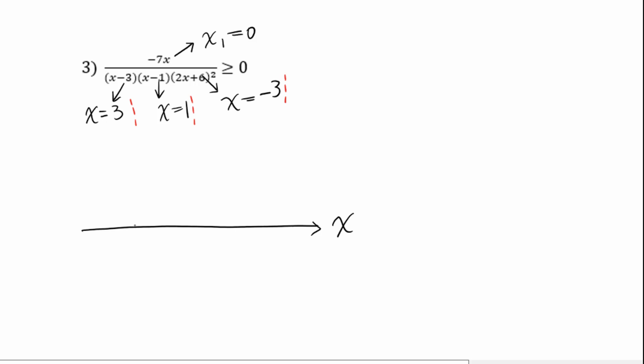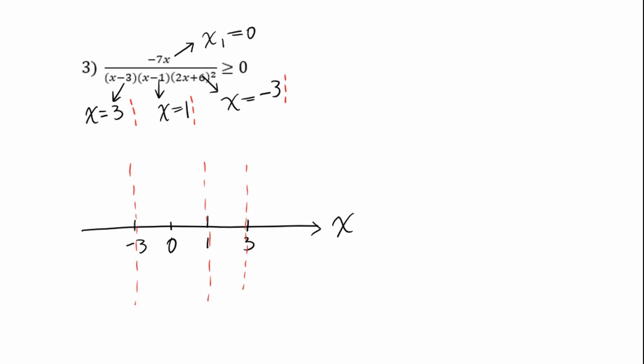So label the vertical asymptote lines and roots on this x-axis. We have negative 3, 0, 1, 3. The vertical asymptote lines will be negative 3, 1, and 3. Since 0 is the root, we cannot use 0 as a lucky number.